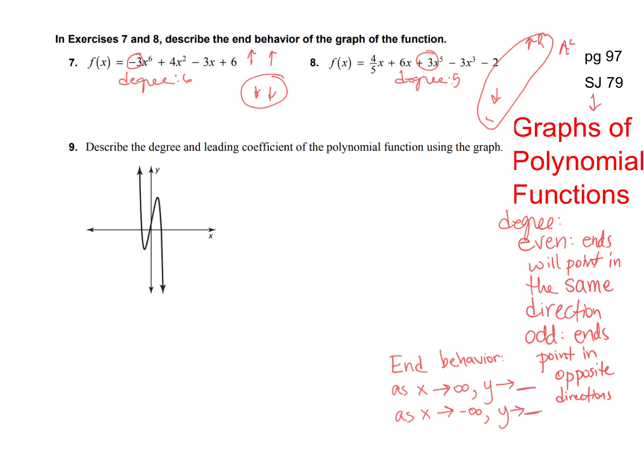So that's what I'm going to put for both 7 and 8, except I'm going to fill in those blanks. So let's look at the information I have up here. Let me write down what I need first. So the end behavior is as x approaches positive infinity, y will approach something. And then as x approaches negative infinity, y will approach, and then we'll put what it approaches.